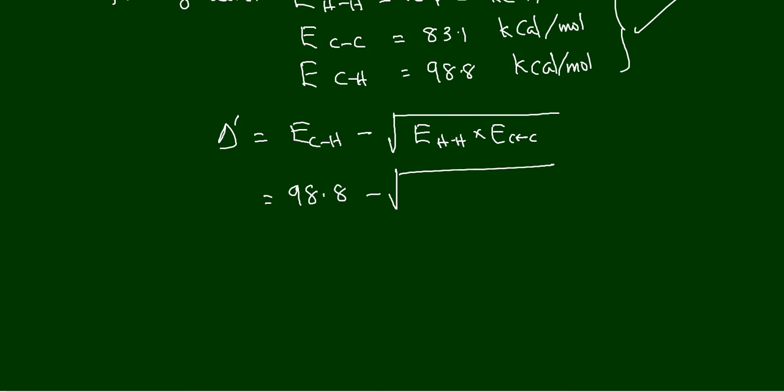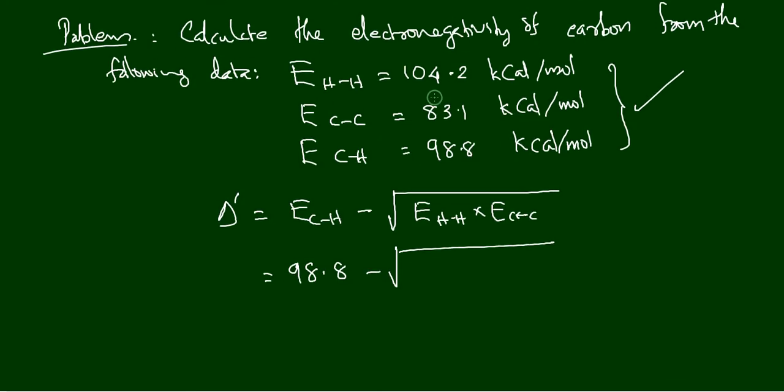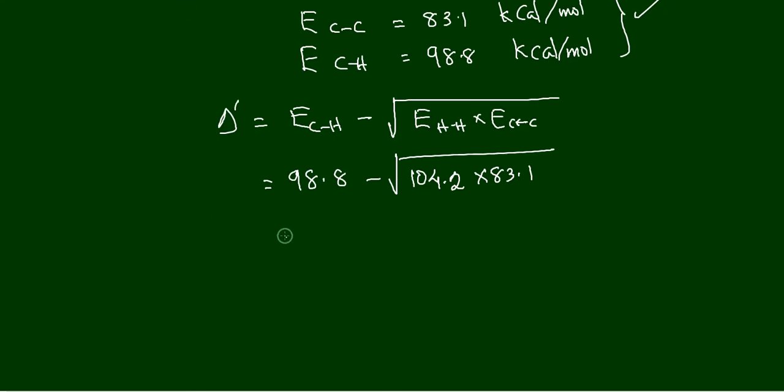E_HH is equal to 104.2, and E_CC is 83.1. So delta dash is equal to 98.8 minus root of 104.2 into 83.1.